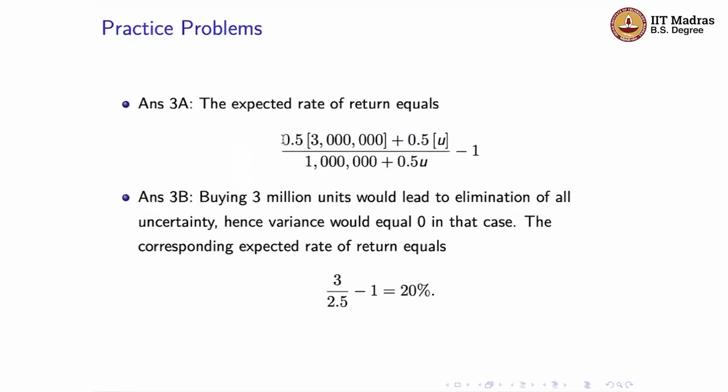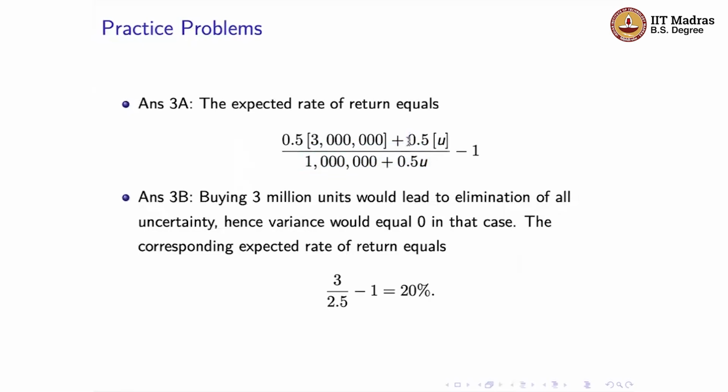What you see in the numerator is the expected payout, that's equal to 50% times 3 million plus 50% times U. And in the denominator, you have the initial investment, that's 1 million plus 0.5 U, right?